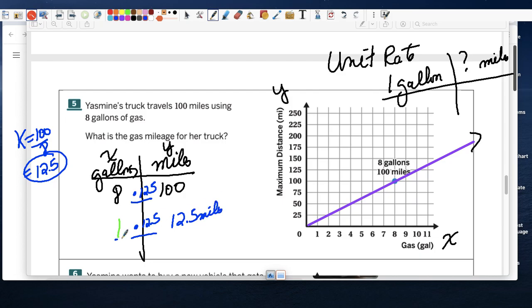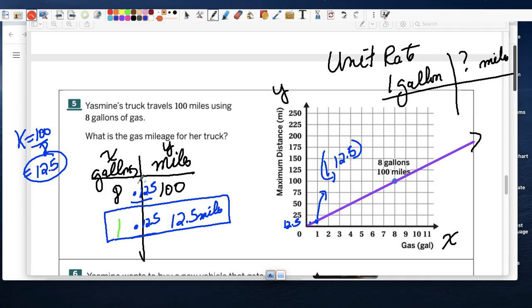Not that great of a car. Right, so now that I know this, I can go to the graph and I can actually tell you that with 1 gallon, this point right here is what I just found. So 1 gallon of gas gives me 12.5 miles. Now I know exactly what that value is, 12.5.